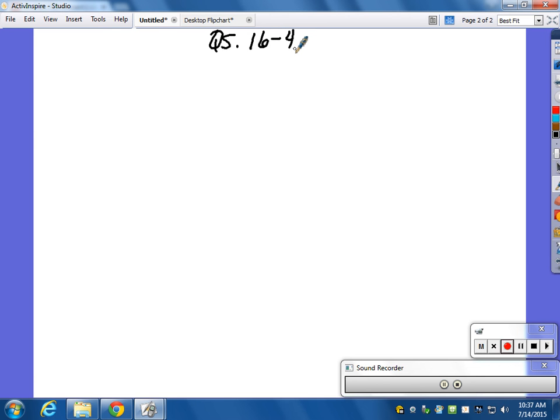So if we're doing cash flows for the actual sale of the furniture, how much was it sold for? 52,500.